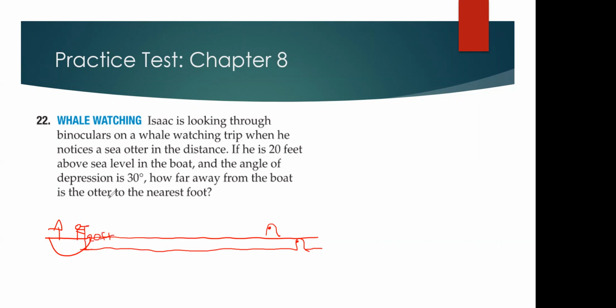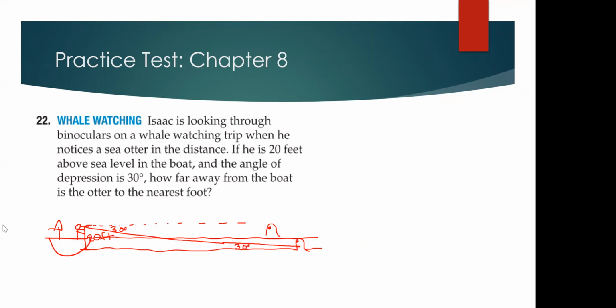And then the angle of depression: from here to the sea otter, this is the line of sight, and the angle of depression is here, 30 degrees. So this angle over here would also be 30 degrees.